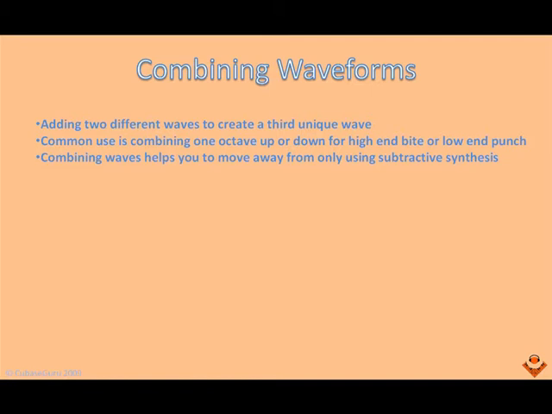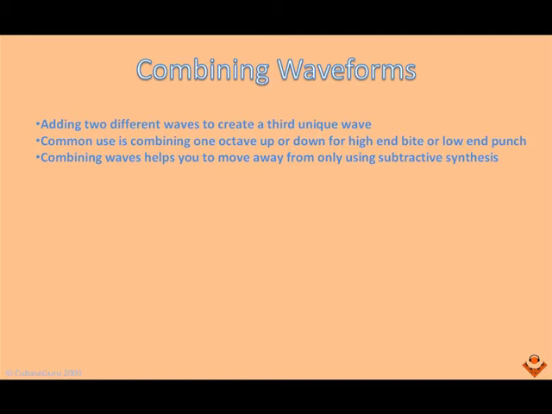Combining waves also helps you move away from only using subtractive synthesis. When you're adding waves together, you're starting to use additive synthesis, which we will take a look at later on in this course.